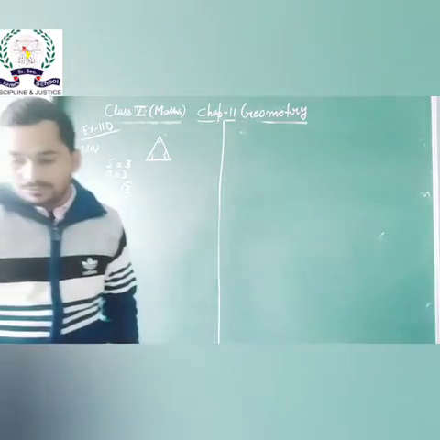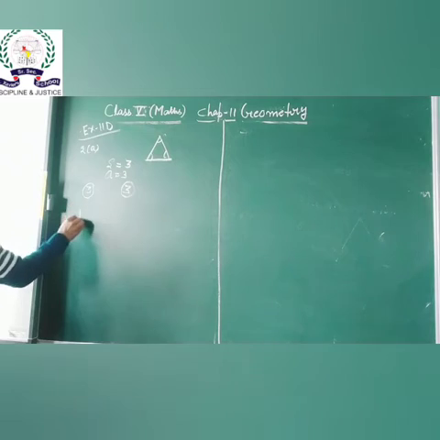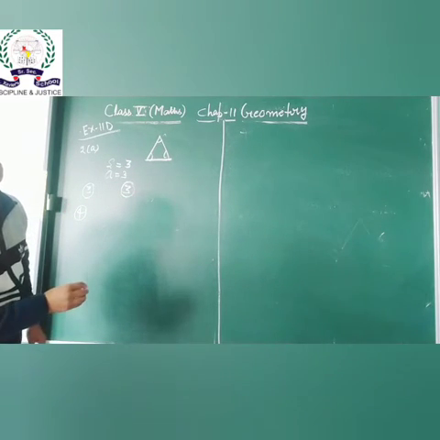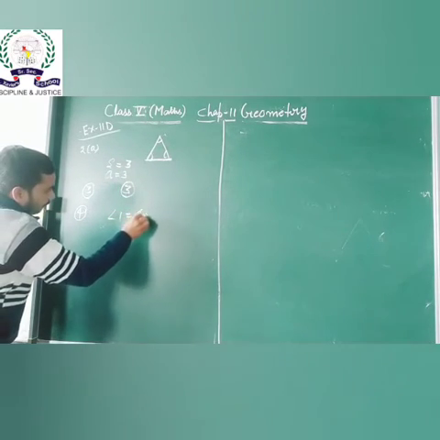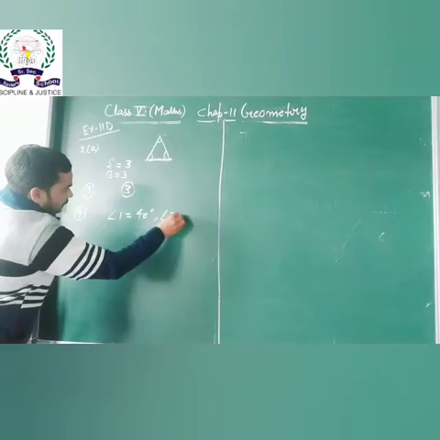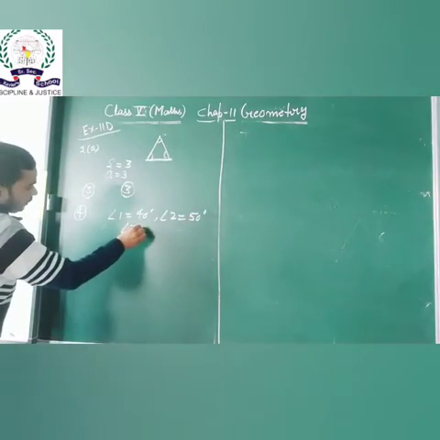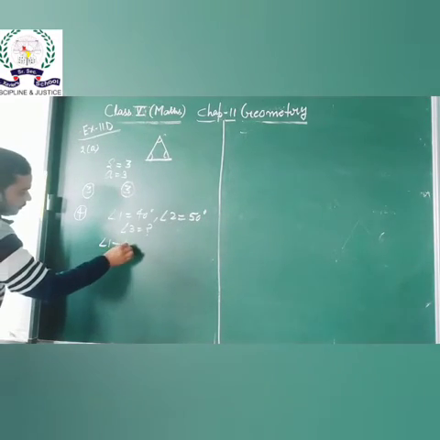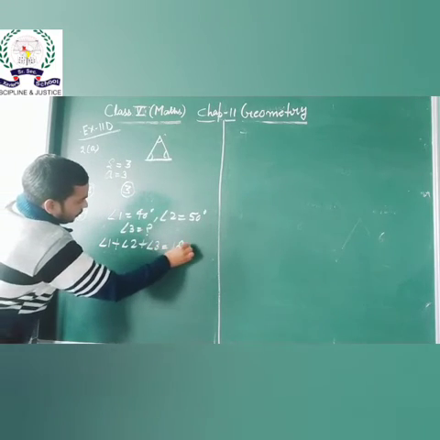Question number 4, find the value of the unknown angle. Angle 1 is given as 40 degrees. Angle 2 is given as 50 degrees. Find angle 3, that is the unknown angle. And we know that by the angle sum property, angle 1 plus angle 2 plus angle 3 equals 180 degrees.